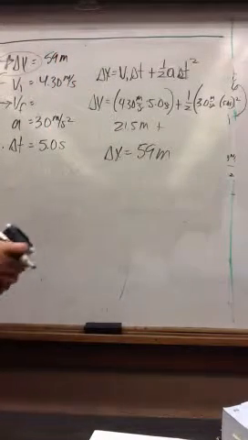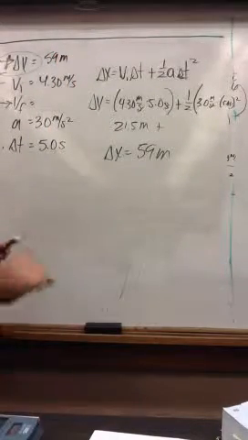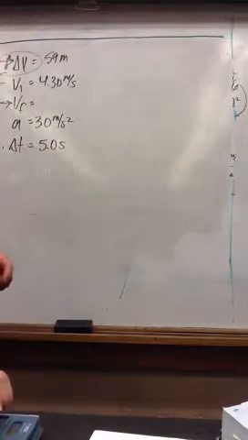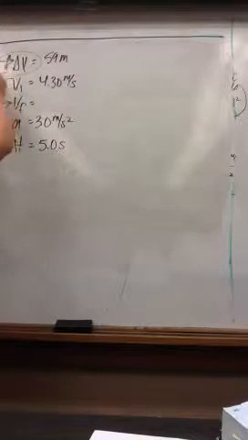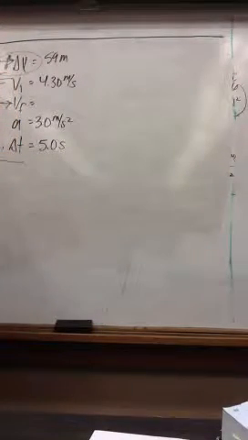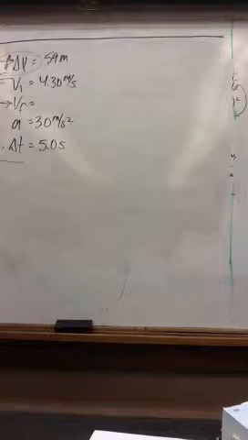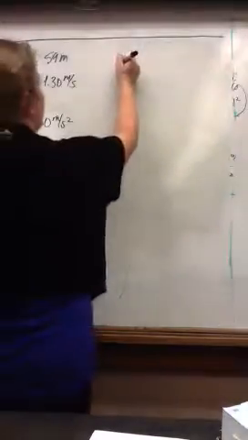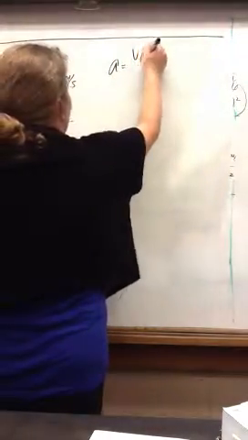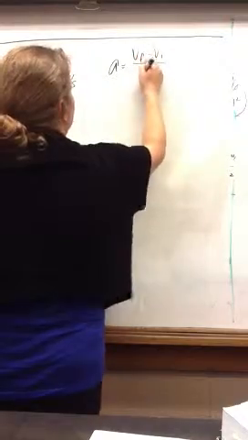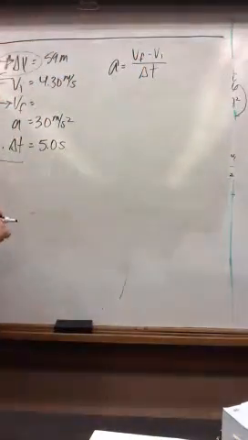If we want to find final velocity, which is the next thing we're asked about, what equation can we use? Do we have an equation that ties together final and initial velocity, acceleration, and time? Remember that acceleration equals final velocity minus initial over delta t.